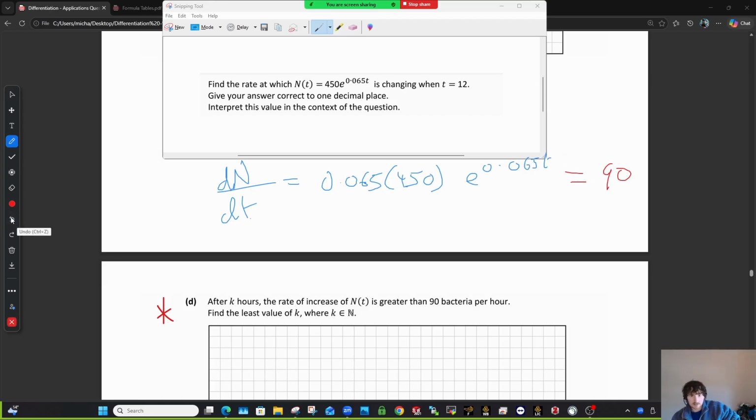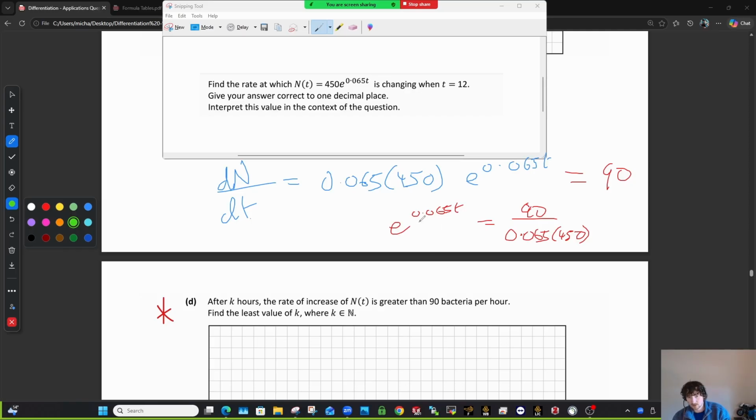Okay. So we'll just do the algebra on this. You can just divide by this under the 90. So you get e^(0.065t) equals 90 over 0.065 times 450. Now you can go if you want and write that in as a decimal in your calculator, but you can still move it around here for your logs.